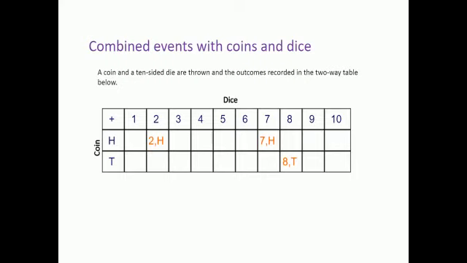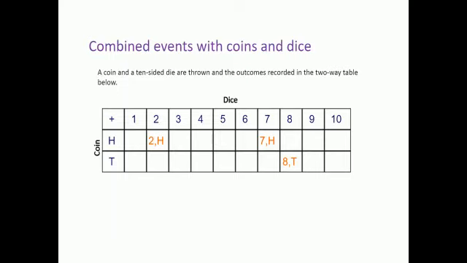A coin and a 10-sided die are thrown and the outcomes recorded in the two-way table below. That is, 2 tables are there, the die and coin you can see here. For the die they write 1 to 10 and for the coin, head and tail. So we can start now on how to complete the table inside.